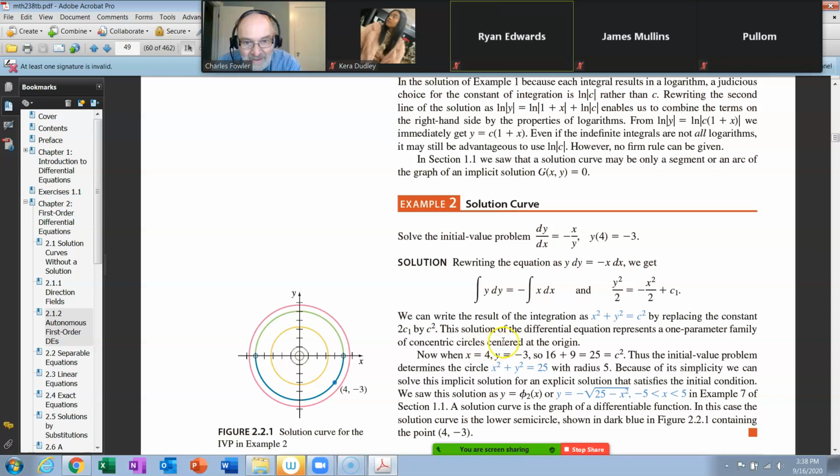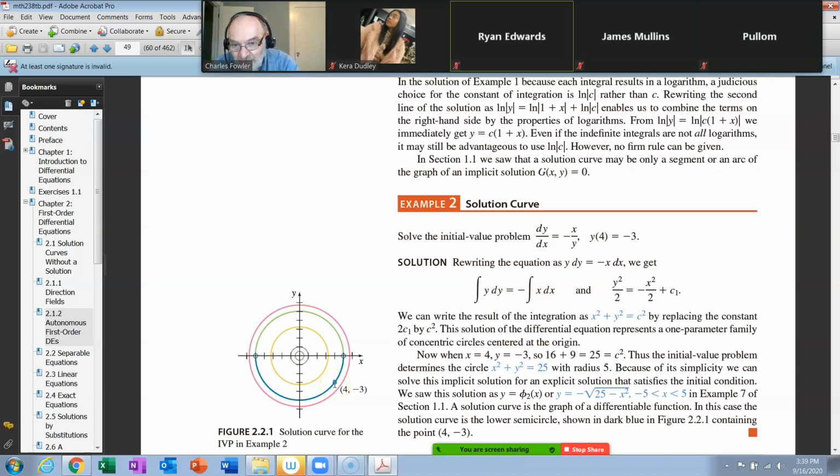The solution of the differential equation represents a one parameter family of concentric circles centered at the origin. However, those concentric circles are not functions. Depending on which circle you are and in which quadrant you are, and since you're at y is negative 3 when x is 4, that's where you are down here.